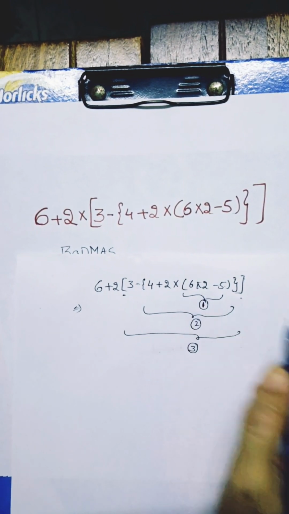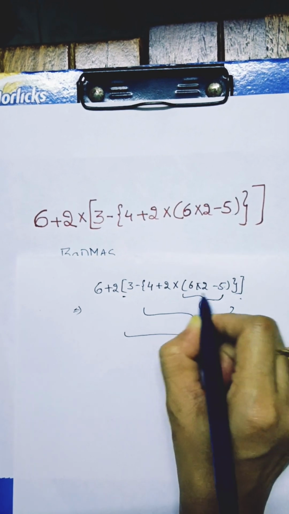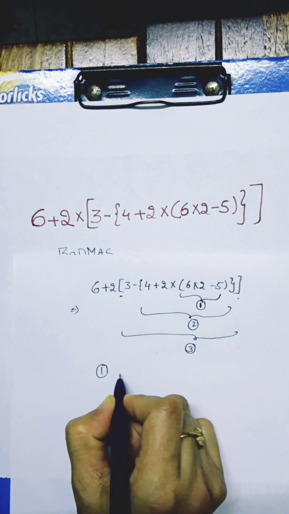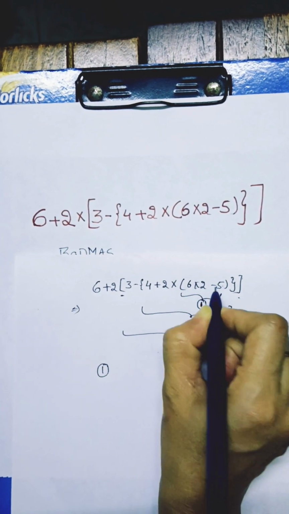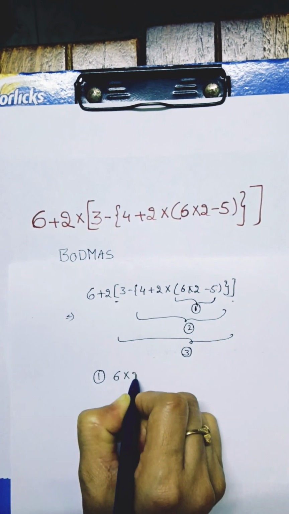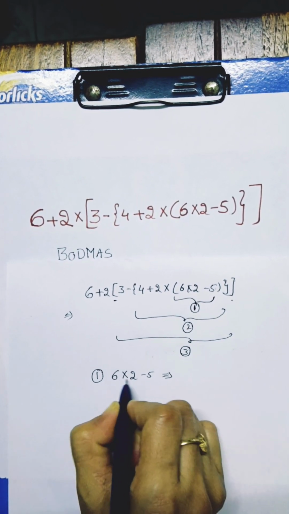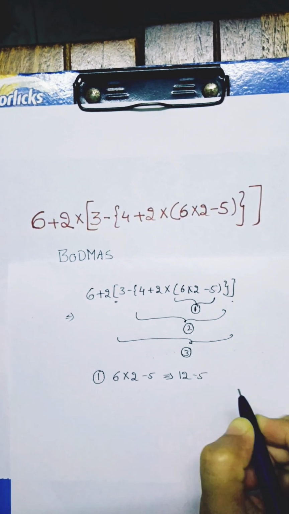Just write. First we'll do the first part. Here we are going with this bracket first. So, 6 multiplied by 2 minus 5. It can be written as 6 multiplied by 2 is 12, minus 5.